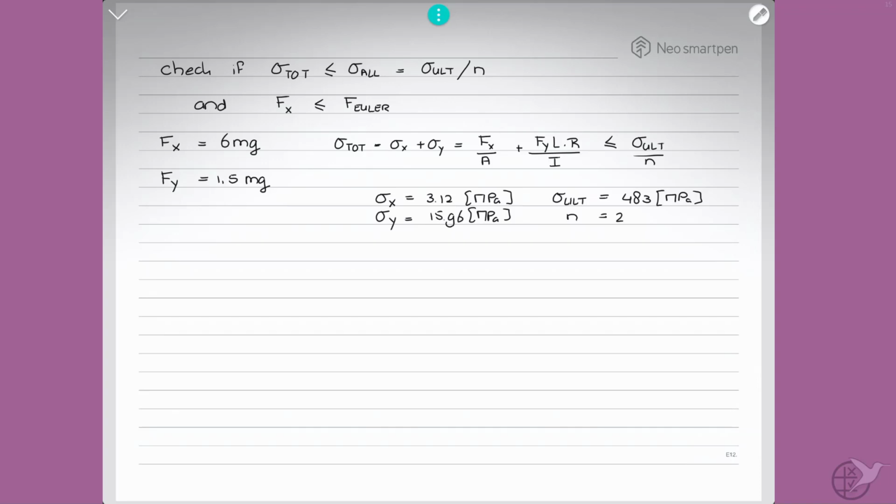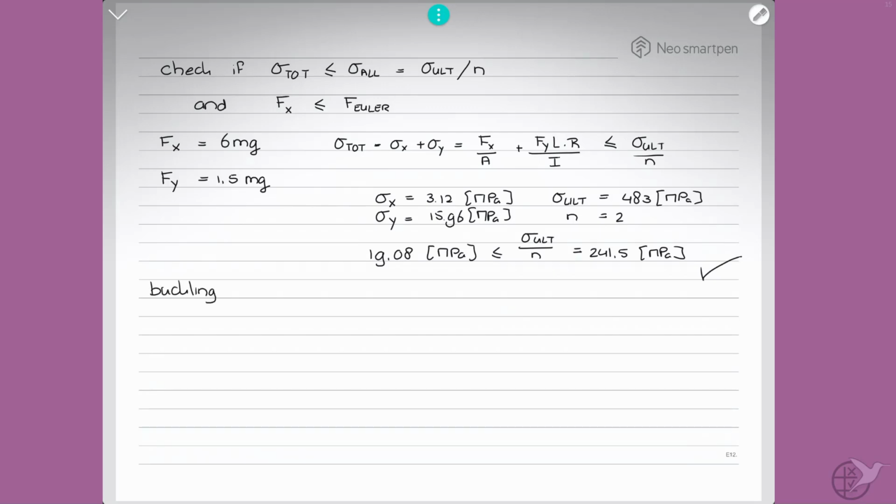So substituting all these numbers gives that 19.08 megapascal must be smaller than sigma ultimate over the safety factor, which is equal to 241.5 megapascal. So we've definitely met this requirement. That one's okay.